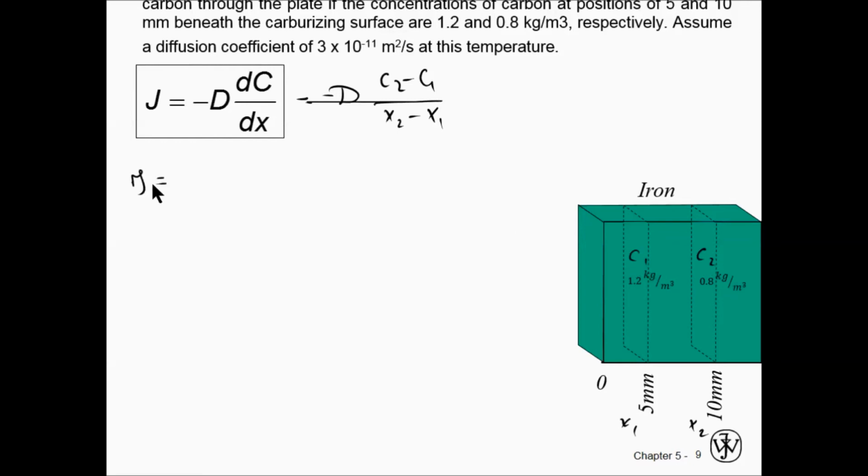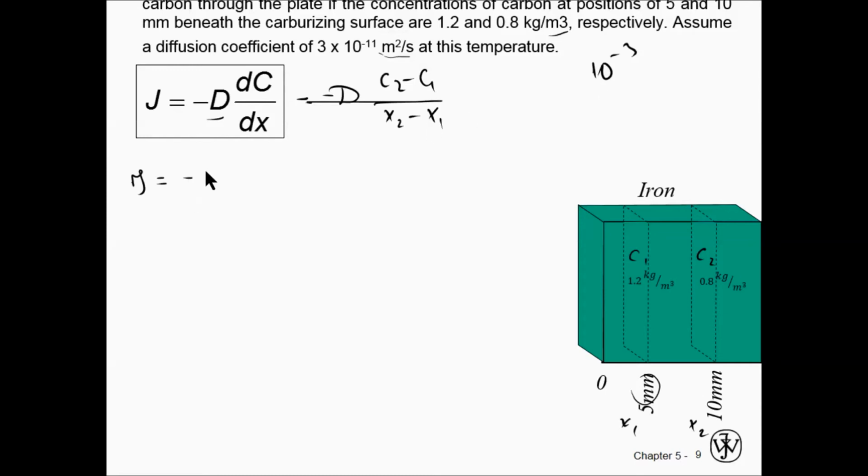Let's put everything in place. But first, the diffusion coefficient's unit is square meters per second. For concentration, it is kilograms per cubic meter. But these distances are in millimeters. We have to change millimeters to meters. In order to do this, if I multiply by this, I will convert millimeters to meters.